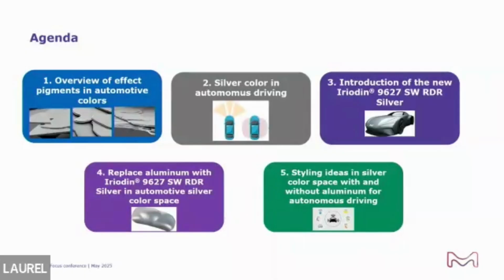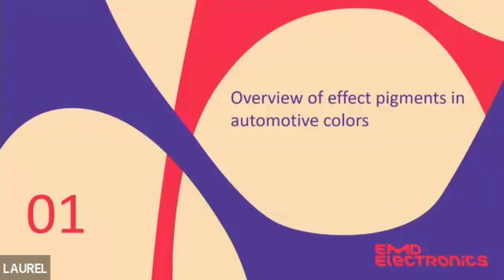So here's the agenda, what we're going to talk about. We're going to give an overview of the effect pigment using automotive coatings, and what's important, the role the silver color plays in automotive and how the silver color plays in the autonomous driving world.